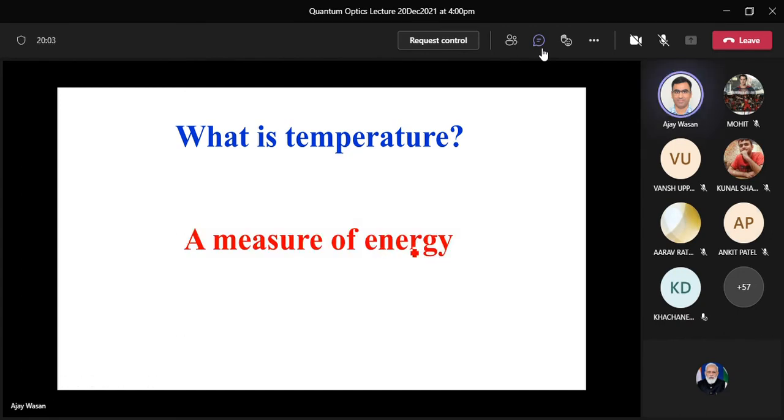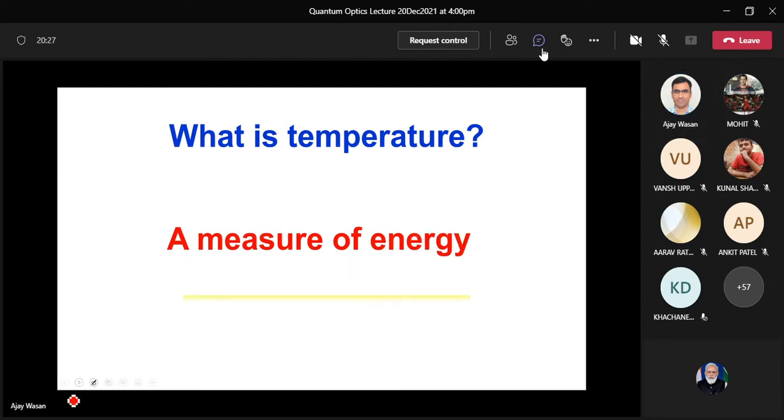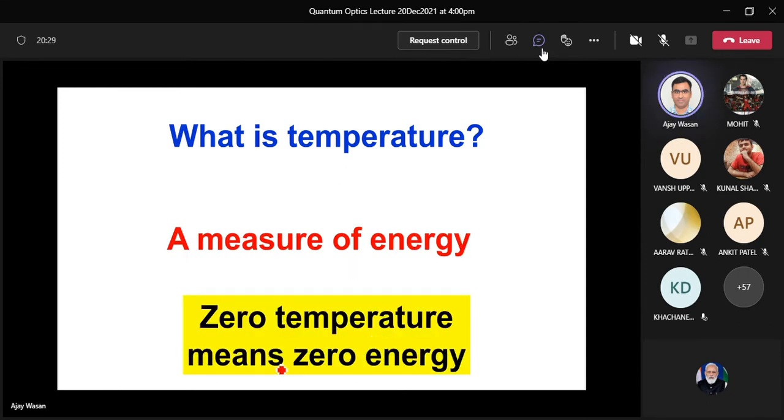It is a measure of energy. The more temperature, the more energy; a low temperature means less energy. Simple logic. Motion, anything moving, is also energy. So temperature is a measure of energy, and zero temperature means zero energy.